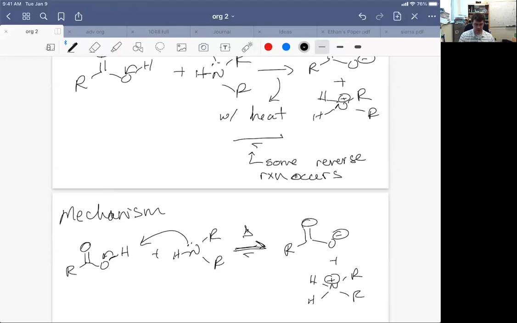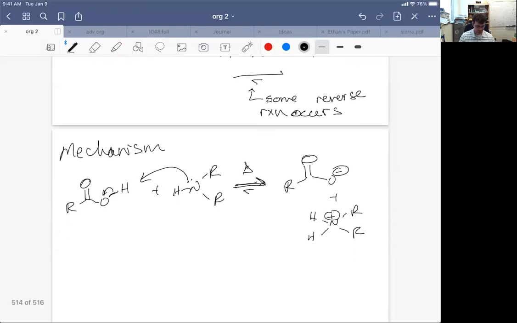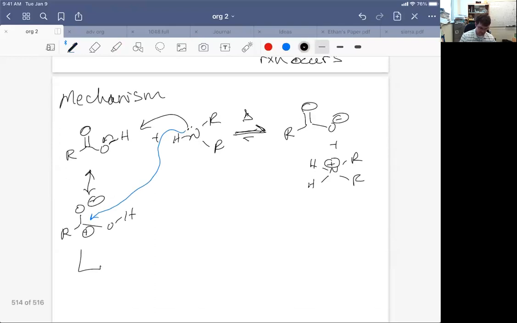So with heat, we're going to go backwards. And if we go backwards, we have some opportunity for the amine to instead go through a second reaction where the lone pair on the amine attacks the electrophilic carbon atom in an addition event. So we see addition occur.